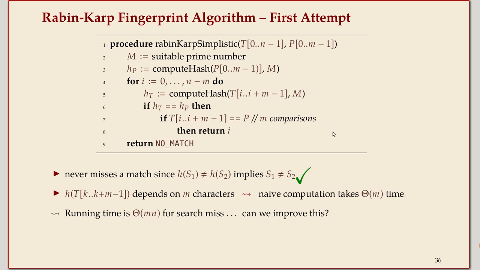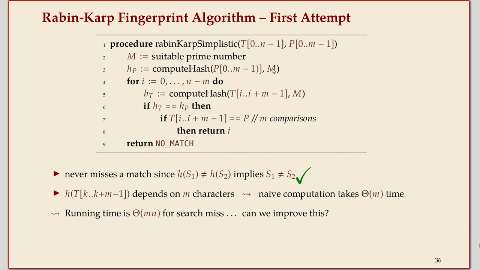If you spell that out in pseudocode, it looks like this. You compute the hash of the pattern. The hash function will be of the same type that we've seen. It's essentially interpreting a string as a number, taking the alphabet as digits of some base, and then you can interpret it as a number. And you could take modulo some number.